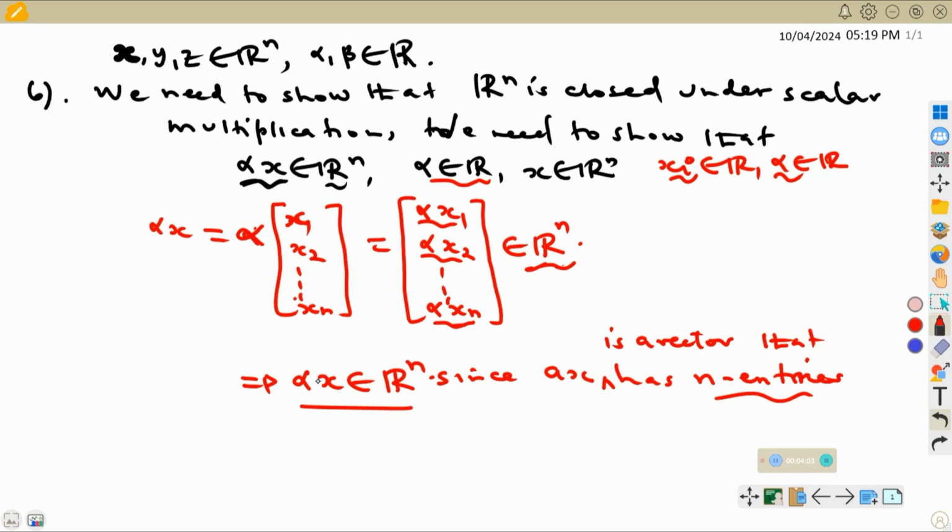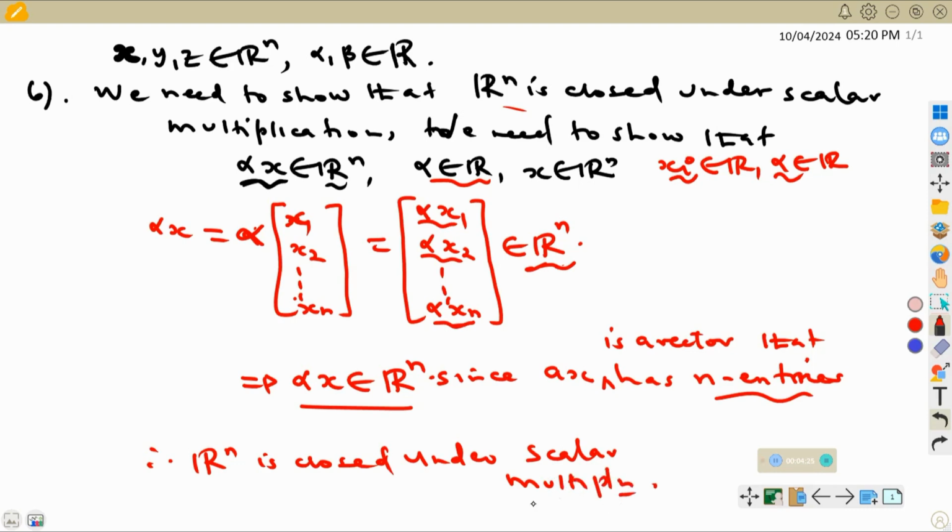And for that case, it means that R to power n is closed under scalar multiplication. Therefore, R to power n is closed under scalar multiplication. And you will have proved that.